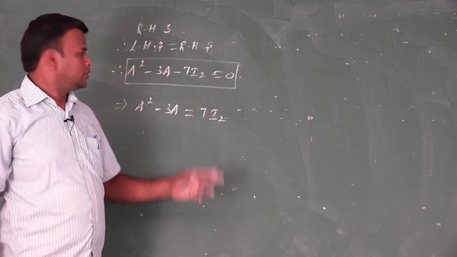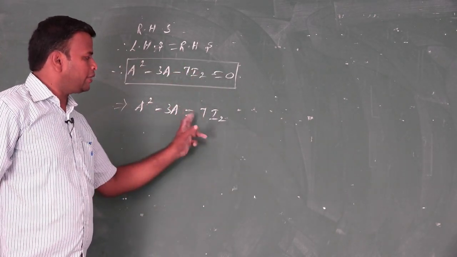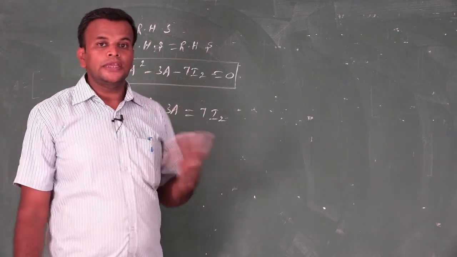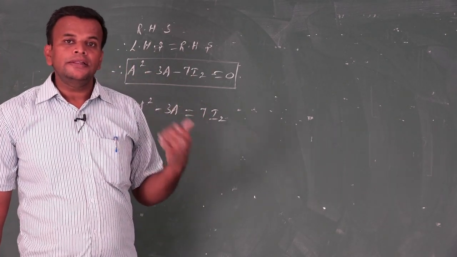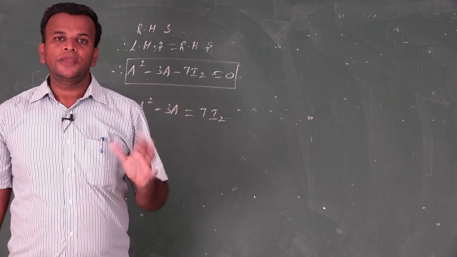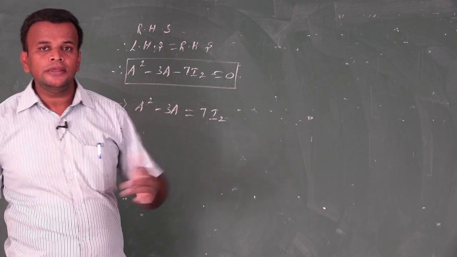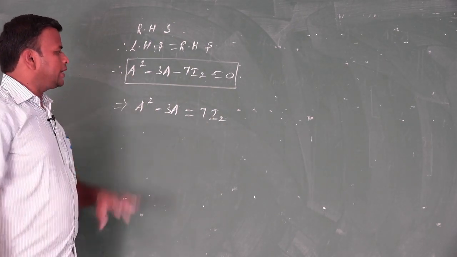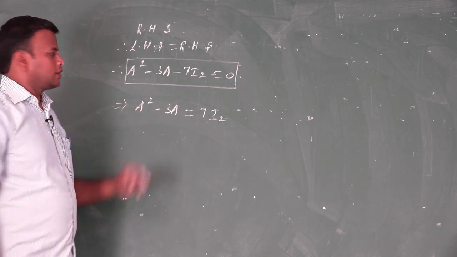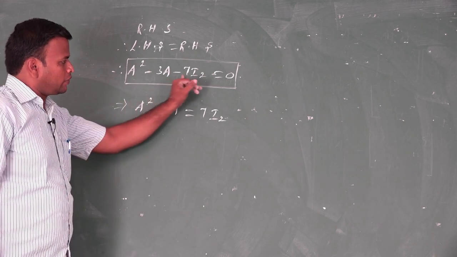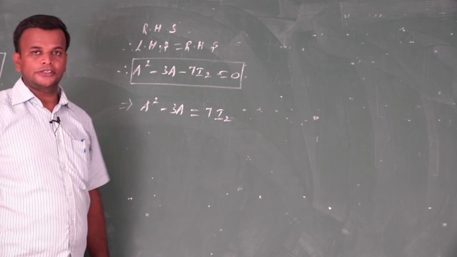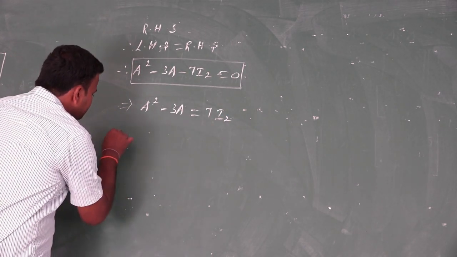So we do two ways to find A inverse in this sum: either we directly use the formula of A inverse, 1 by determinant A into adjoint A, or using this result to find the inverse. Using this result, the first step is that minus 7I2 goes to the RHS.